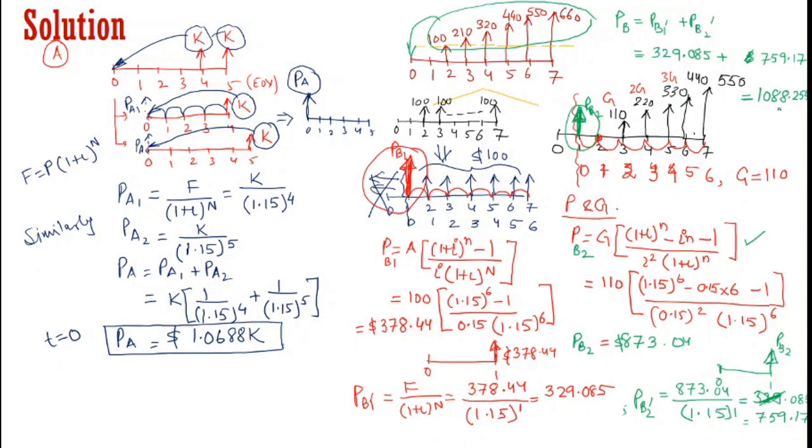So this is the net worth of all these transactions at time t equal to 0.